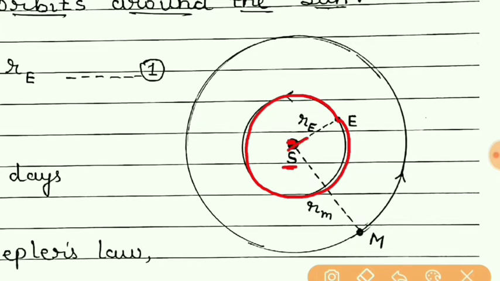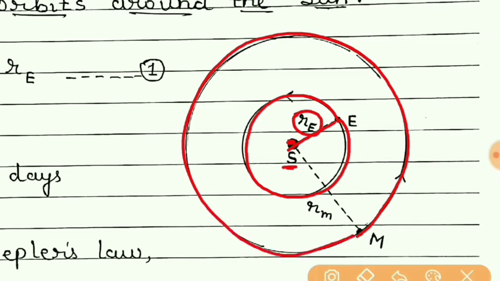Its distance from the Sun is RE, and this is the orbit of revolution of Mars, and its distance from the Sun is RM.